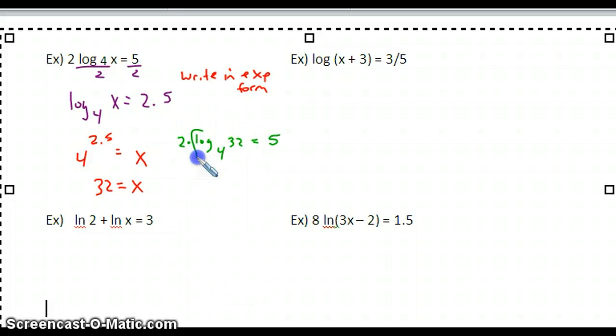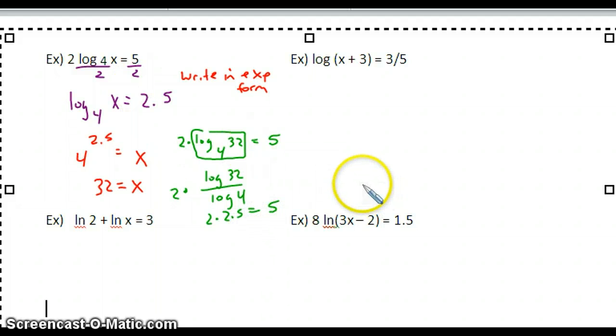To put this in my calculator, what I really need to do is log of 32 over log of 4, and then I can multiply that by 2. So log of 32 divided by log of 4, again that's the change of base theorem, would give me 2.5, and 2 times 2.5 does equal 5, so it checks out.